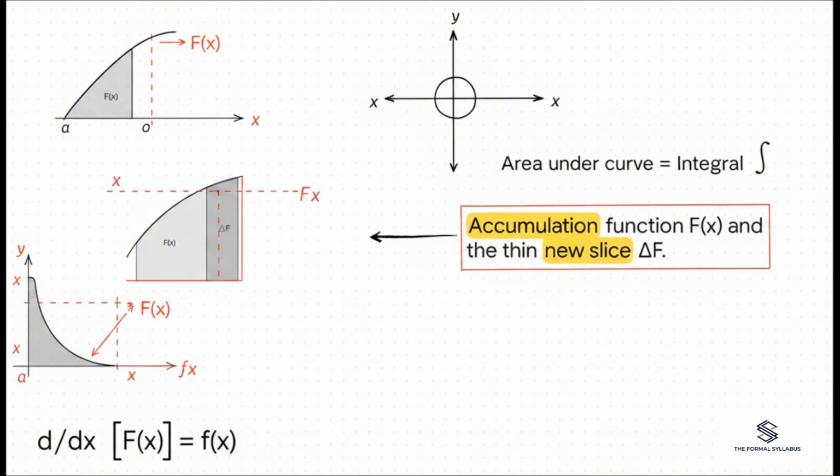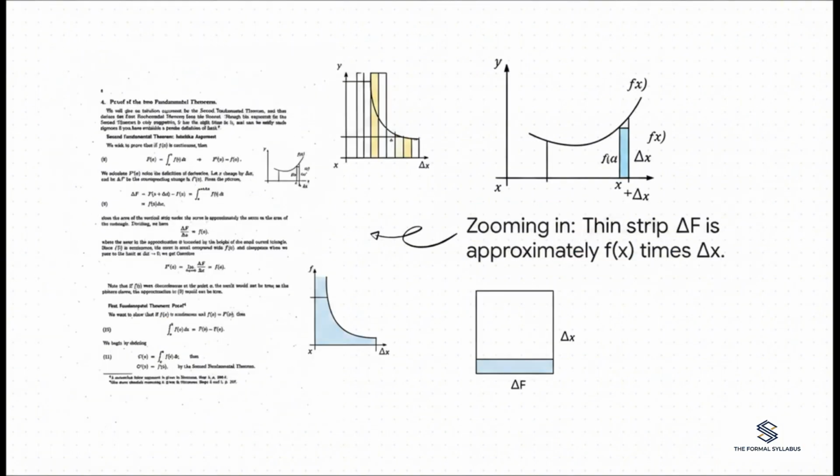Now, imagine we push our boundary x just a tiny, tiny bit to the right by a small amount we'll call delta x. That creates a super thin new strip of area on the edge. That thin new slice is the change in our total area. We call that slice delta F. If we really zoom in on that exact edge, that vertical strip delta F is so incredibly narrow, we can basically treat it like a simple rectangle.